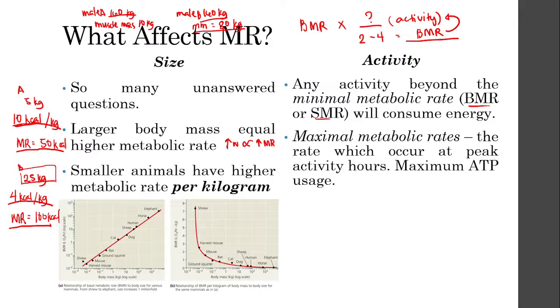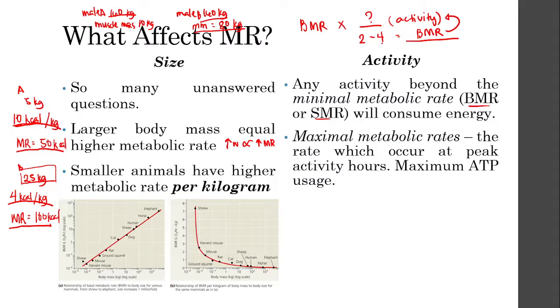And the maximal metabolic rate is basically the rate at which the maximum ATP is used. So this is a lot of activity happening. This is where you're running fast, you're lifting weights, you have intense physical labor, all of which use the maximum amount of ATP that your body can, and then you will have your maximal metabolic rate.